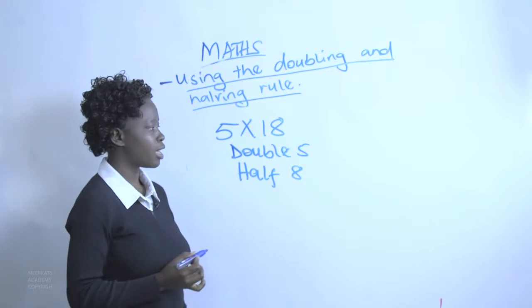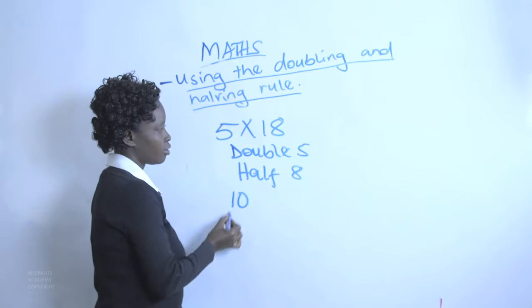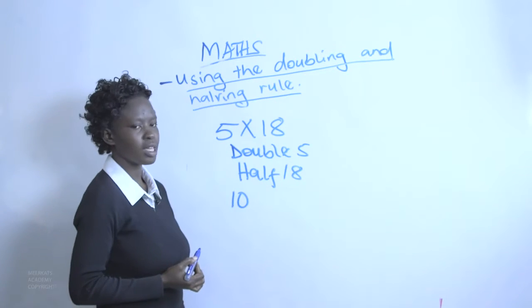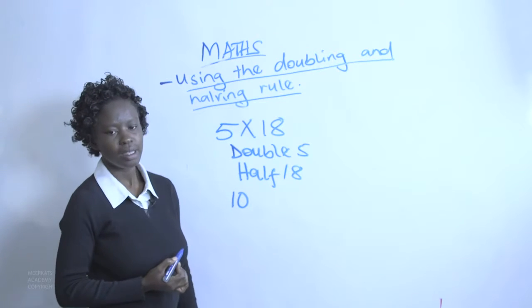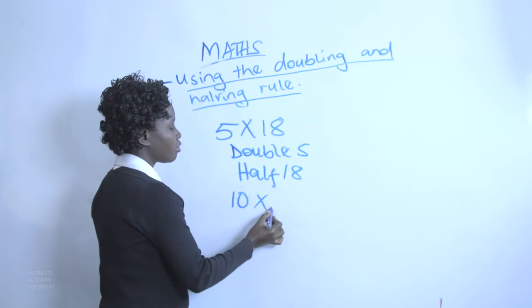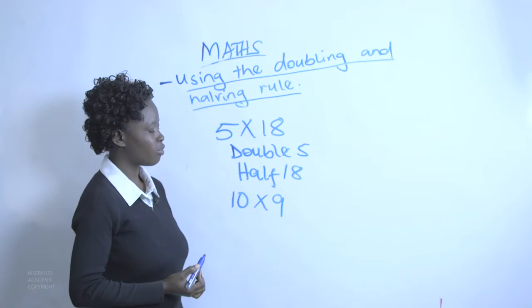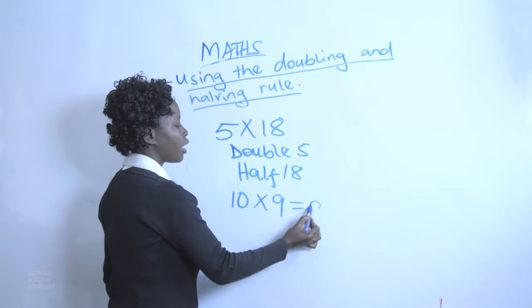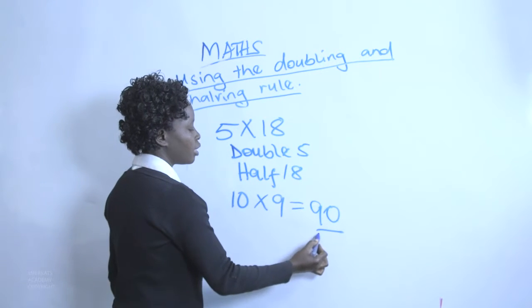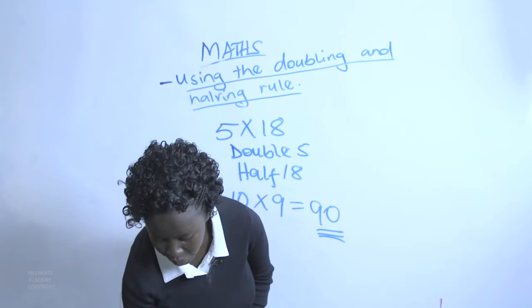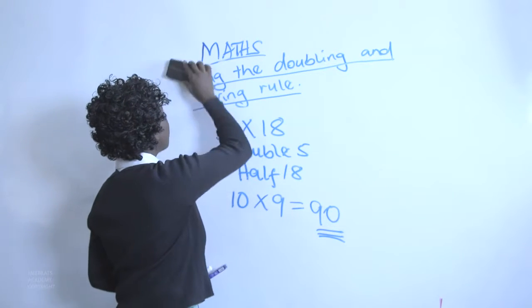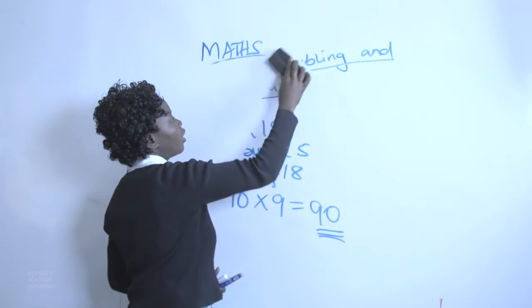When 5 is doubled, we'll get 10. When 18 is halved, you'll get 9. So we are having 10 times 9. 10 times 9 is simply 90. So that is using the doubling and the halving rule.